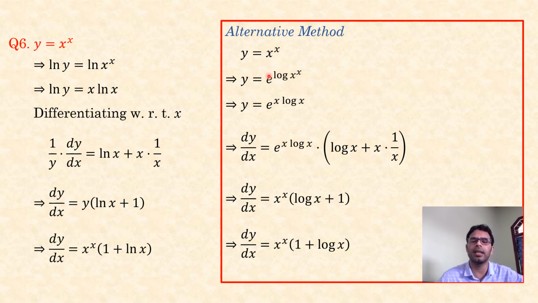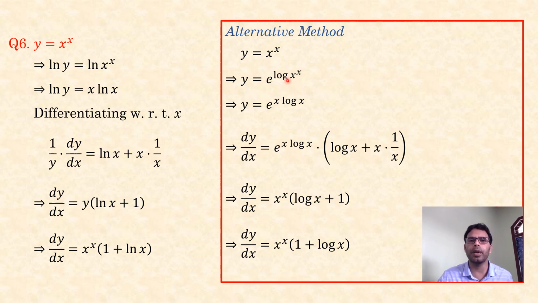You just write the terms in powers of e. When the base and power are variables, you write that term in the format of e to the power log, with the terms remaining the same.